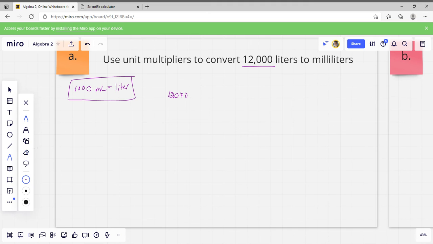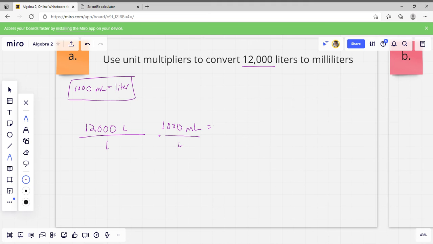That looks terrible. My writing's getting all messed up here. We've got 12,000 liters over 1. So we're going to put liters on the bottom, and then 1,000 milliliters on the top, and then we're just going to multiply, which is super duper easy. You just add that number of zeros on there.